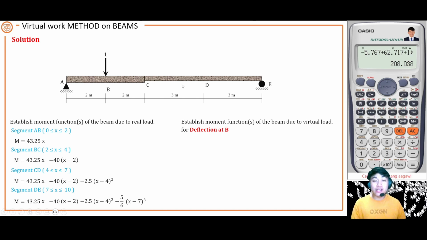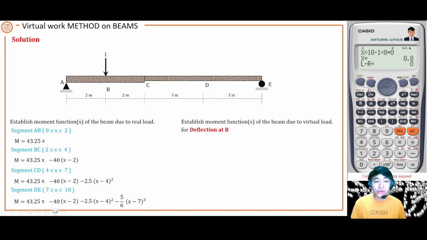Now let's establish the moment function. However, we have to solve first the reactions at the support for this virtual load. The reaction at A, let's assume upward. So taking the moment at E: A times 10 minus 1 times 8 is equal to 0.